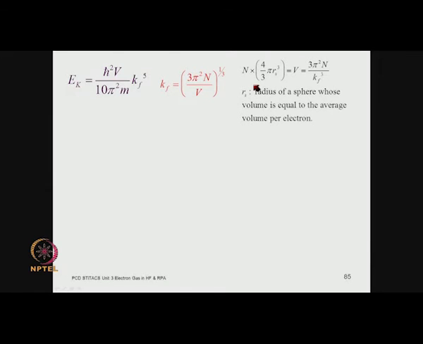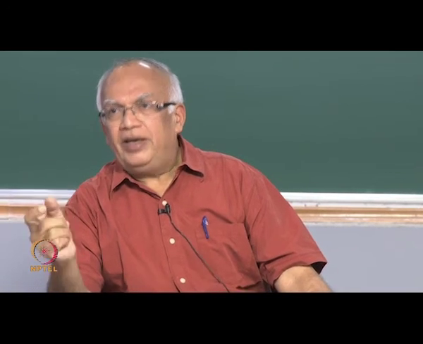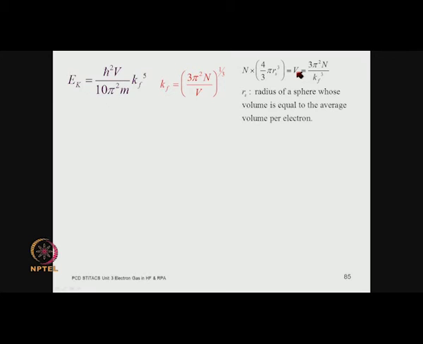Now consider Rs, R subscript s, to be the radius of a sphere whose volume is equal to the average volume per electron. This average volume multiplied by the total number of electrons will give you the total volume, and this we have found out to be what it is.